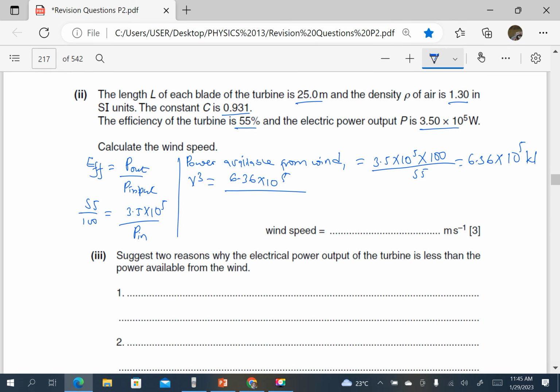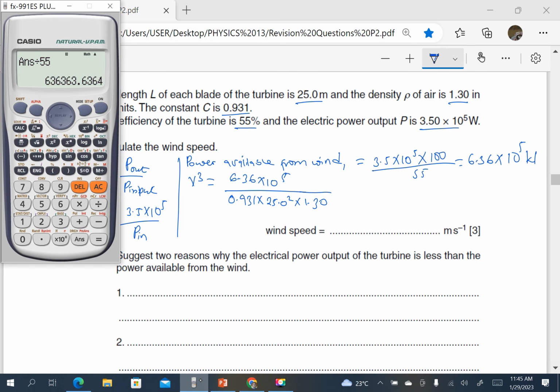So C is 0.931. L squared is 25.0 squared times the density, which is given as 1.30. So we press our calculator. That answer we divide by, open brackets, 0.931 times 25 squared times 1.3.